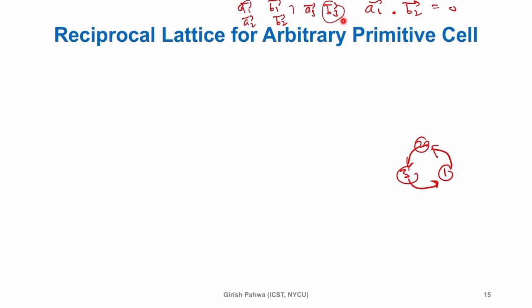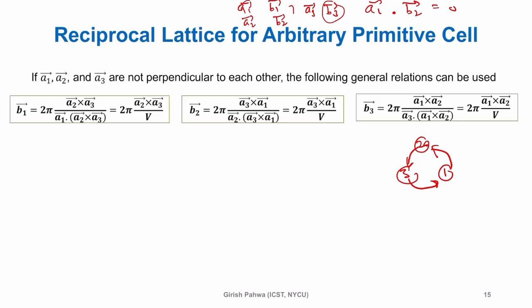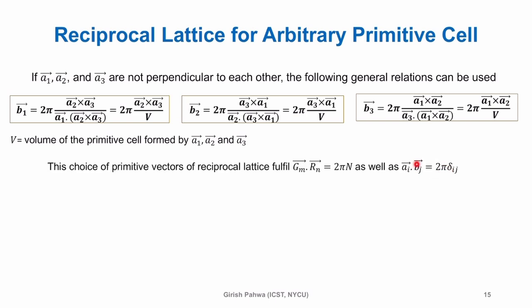So that relationship that we saw in the rectangular lattice or orthorhombic lattice holds true in general. So what do we have here is this. If I have Ai dot Bj, if i and j are equal, then that will give me 2 pi. If i and j are not equal, that will give me 0. You can check actually through this formula.